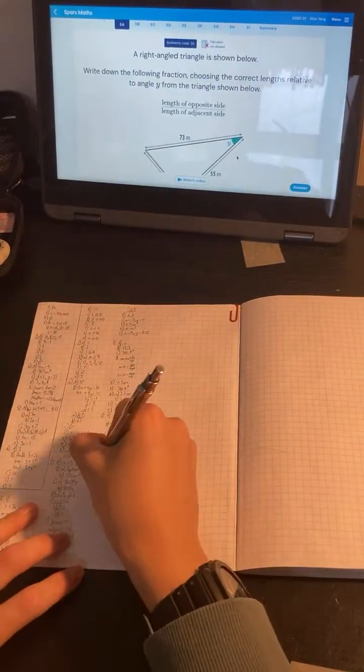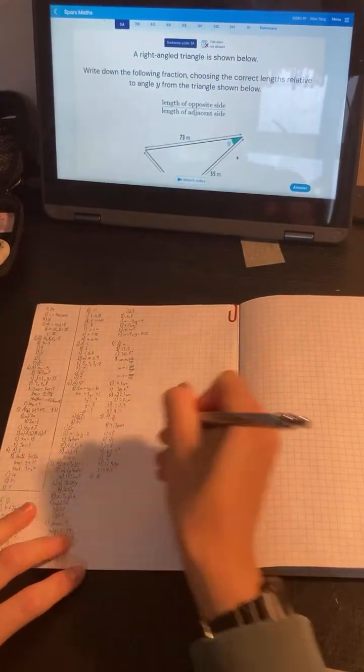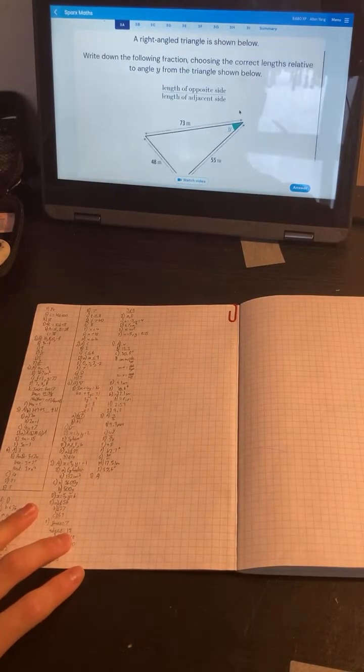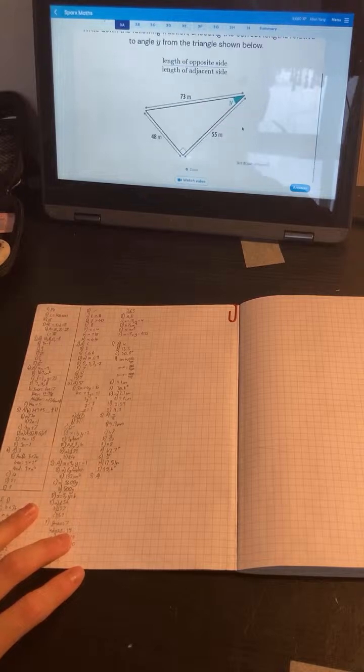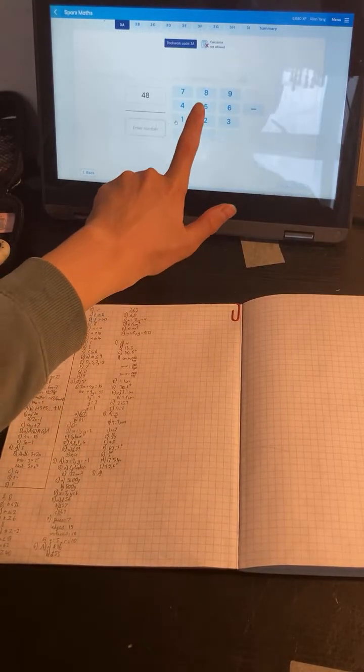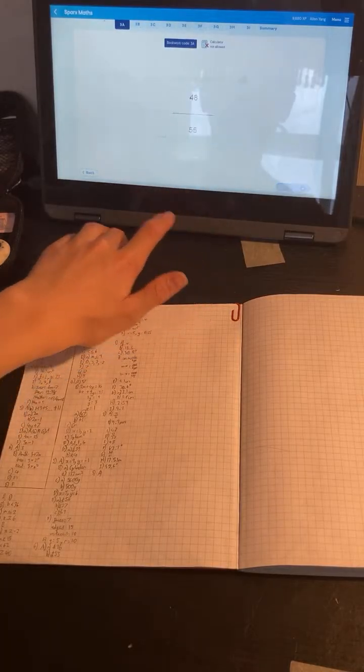Right, 3A. Write down the following fraction. Oh, opposite and adjacent, so that's 48 over 55. Yep.